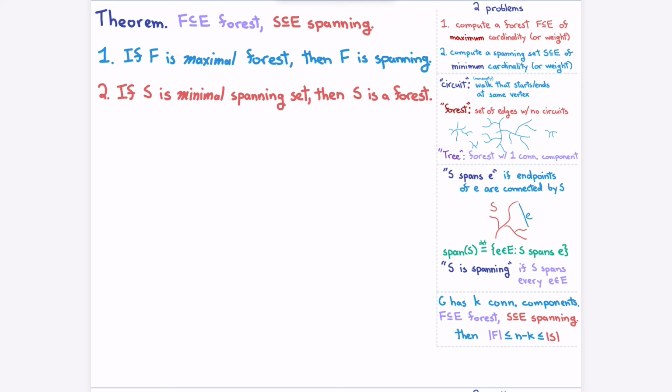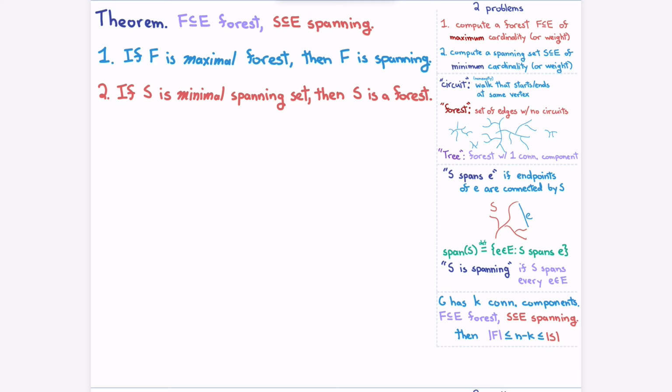We actually already showed here that spanning is always an upper bound on any forest, right? So if you get a forest that's also spanning, then you know you have the optimum, because it would be an upper bound on the best you can do. Any spanning set has at least as many edges as any forest. So if your forest is spanning, then it's automatically maximum. And the point I want to make is that it's very helpful to look at this opposite problem.